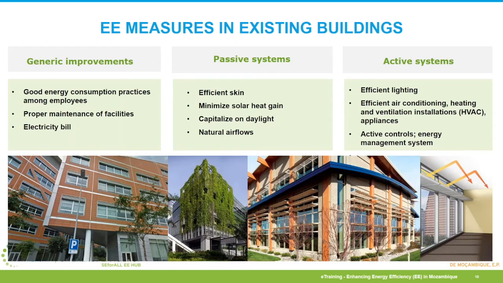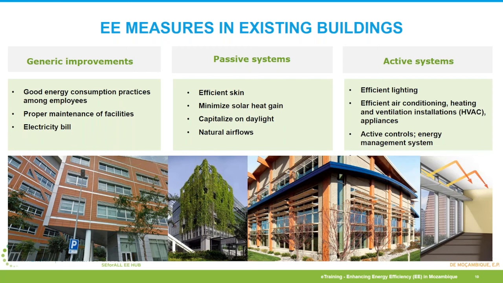There are many energy efficiency measures that can be undertaken in commercial buildings. A way to cluster these measures is through the types of systems that they entail: passive systems, active systems, or other generic improvements. Passive systems are those related to the building components that do not require energy to operate. Active systems are those that, although they're more efficient than regular ones, still require energy to function.